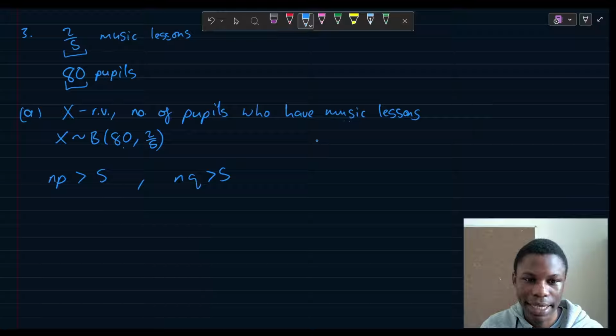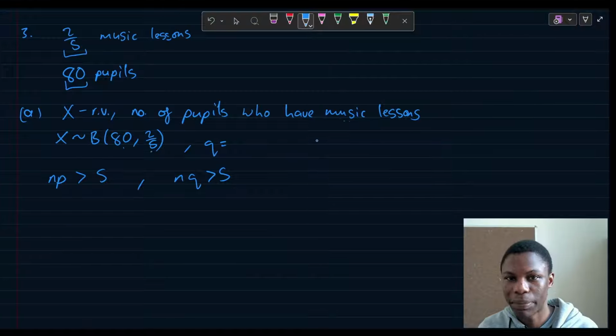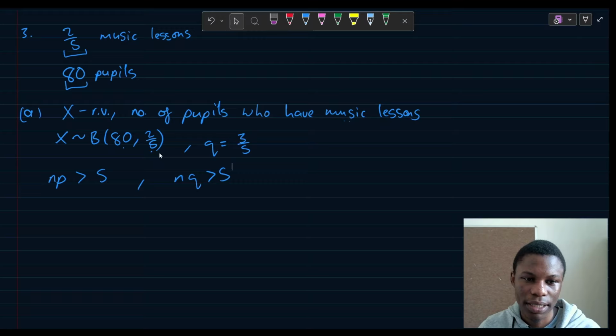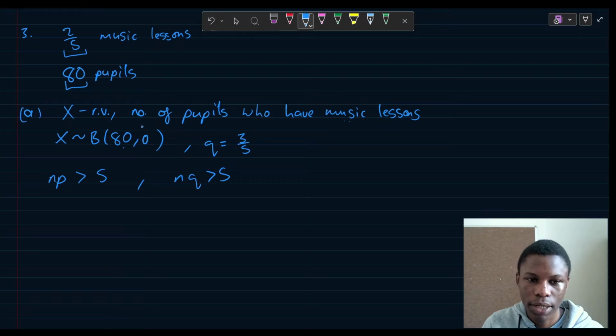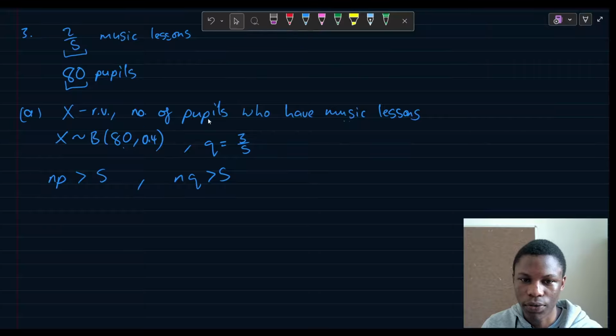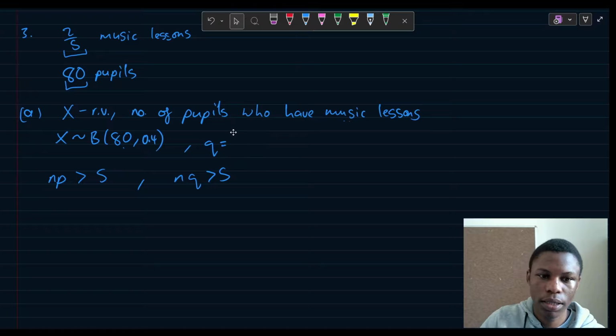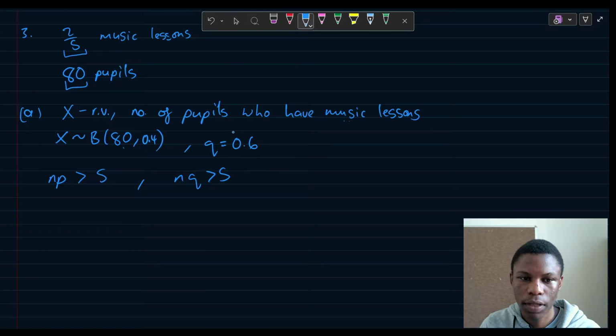So our n is 80, our p is 2 over 5, our q is going to be 1 minus p, so 1 minus 2 over 5, or 3 over 5. Let's write this as a decimal because it's easier to see. So that's 0.4, and 3 over 5 is 0.6.